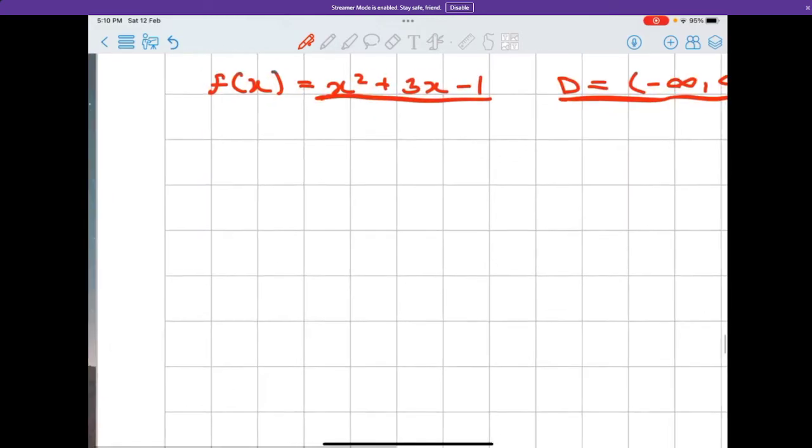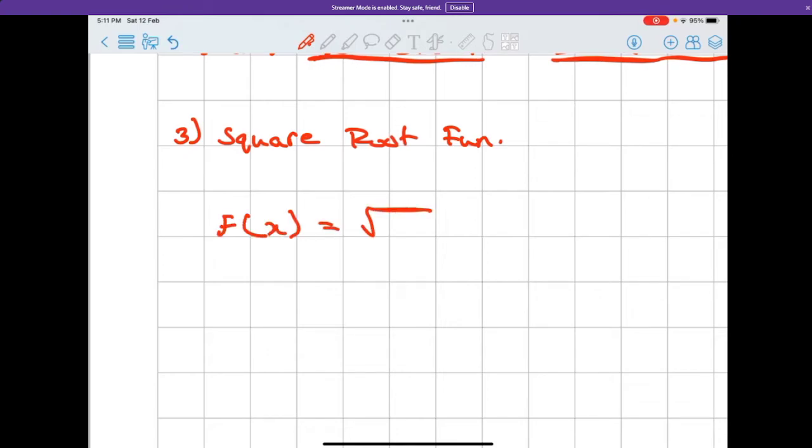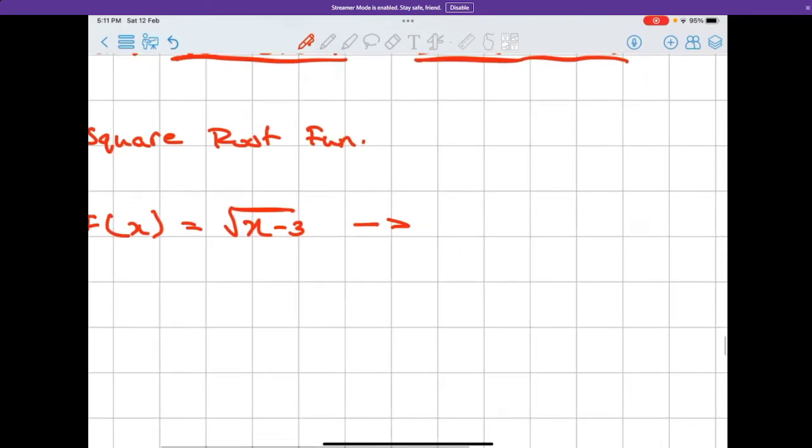And the last bit is the square root functions. Okay? So for square root functions, it's pretty simple. You have f of x equals the square root of x minus 3. What we have to do is take what's inside the square root and make it greater than or equal to 0.